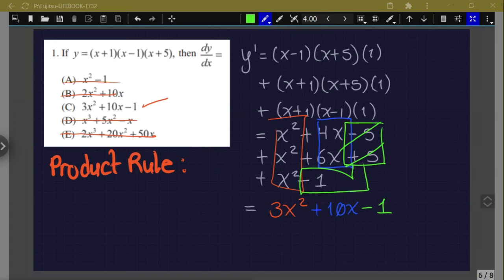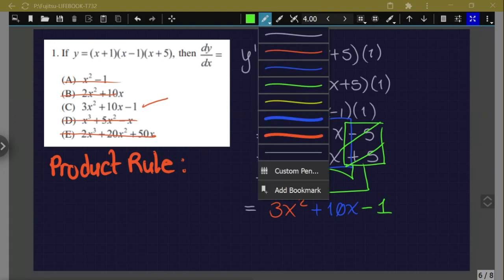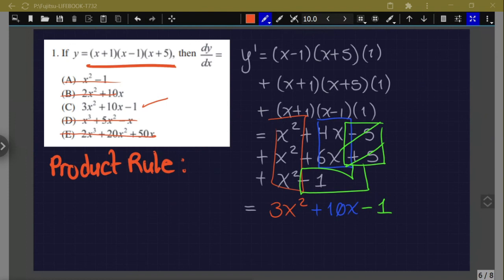So, which method you prefer to use is up to you. In this case, what would I have done? Since the exponents and the terms in this part here are simple enough, they are just binomials, the best way to go about it is using expansion, right?